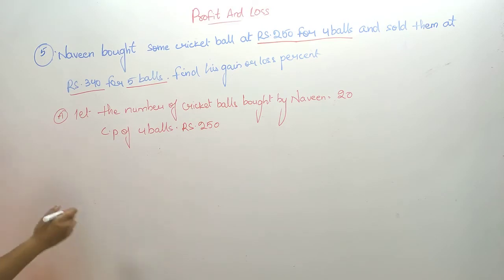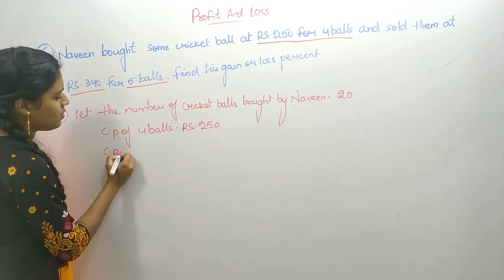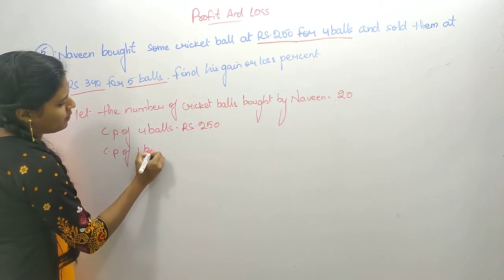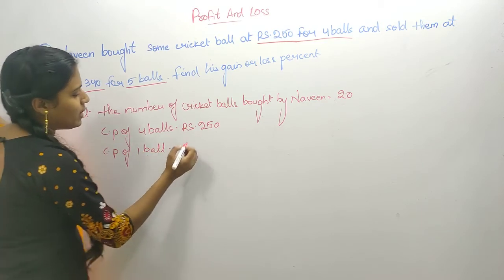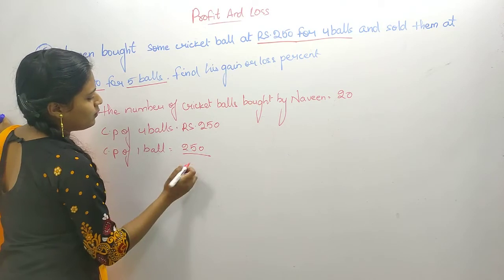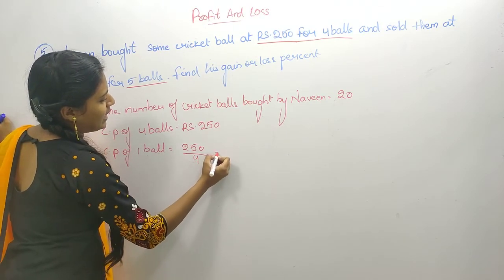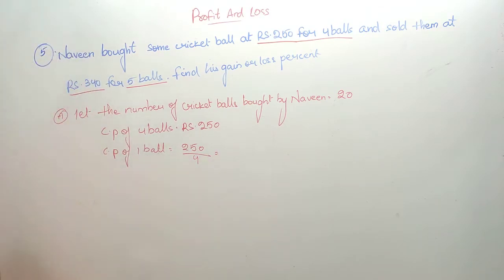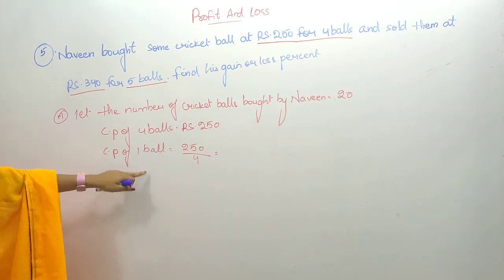Now we will find the cost price of one ball. Means what will we do? 250 by 4, dividing it. Cost price of one ball you have to find out.